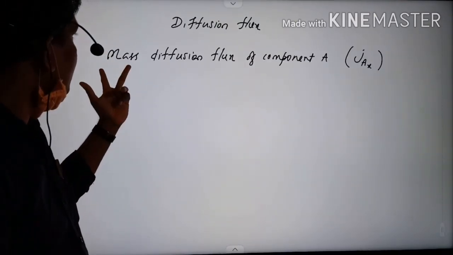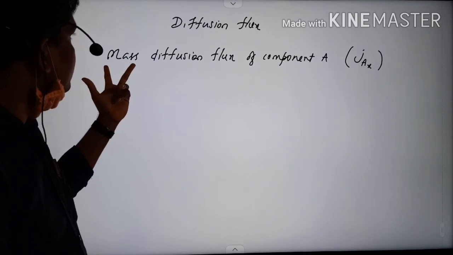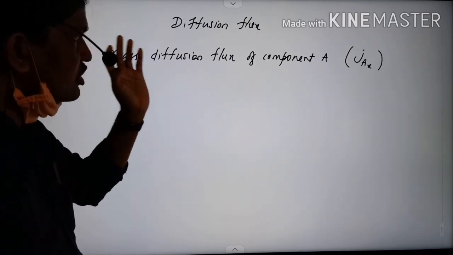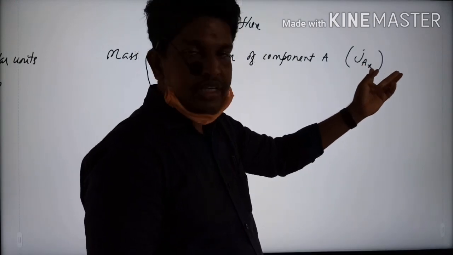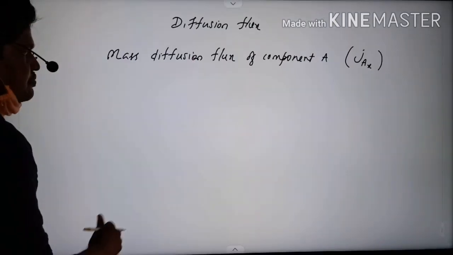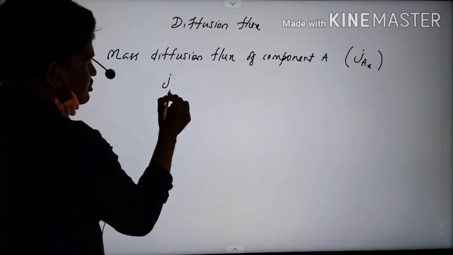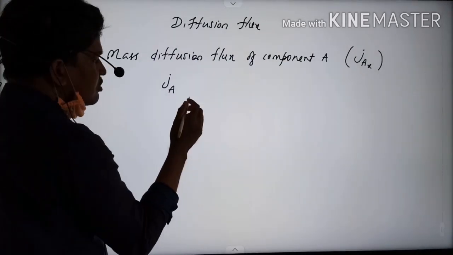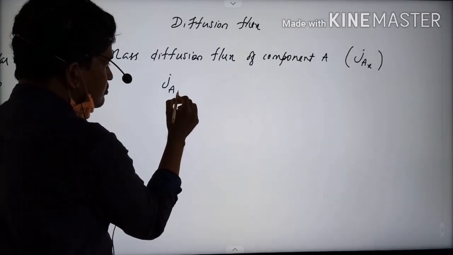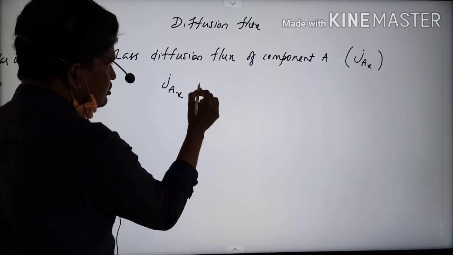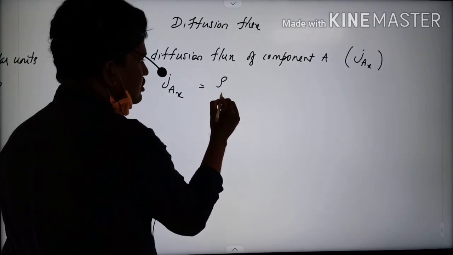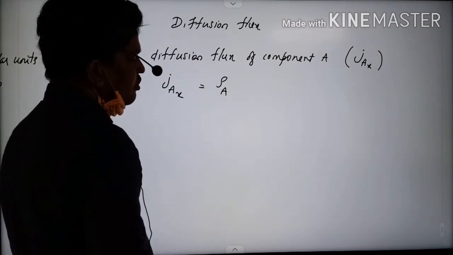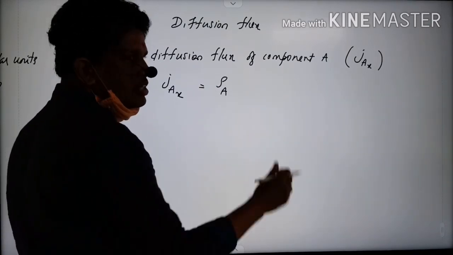Based on the mass basis, it is the mass diffusion flux of component A, represented by small letter j, in x direction, which is jAx equal to rho A into the diffusion velocity.